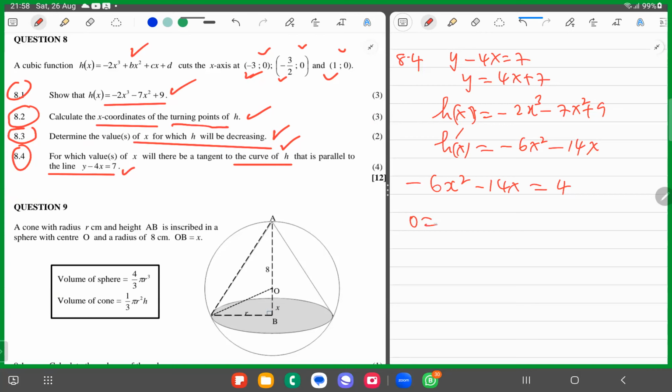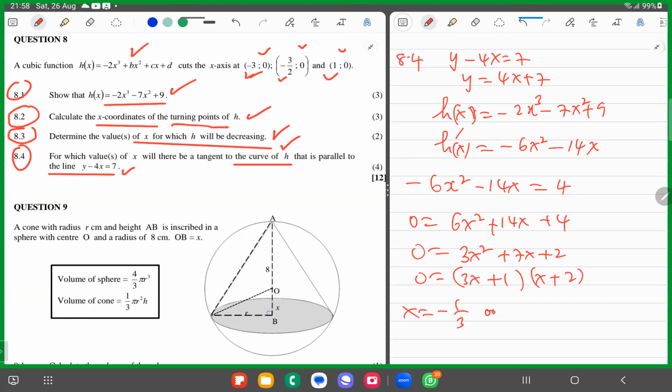Which means 0 is equal to 6x squared plus 14x plus 4. That is 3x squared plus 7x plus 2. The factors are 3x and x, 2 and 1. Which means x is minus 1/3 or x is minus 2.